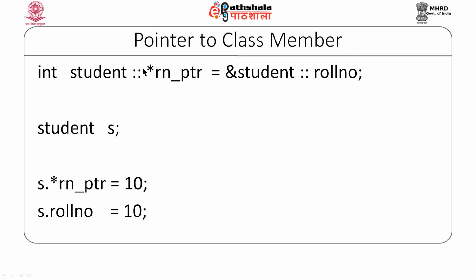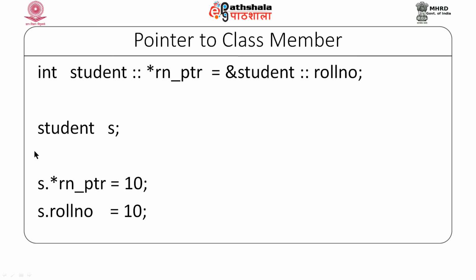Therefore, here we are making use of the scope resolution operator along with the class name to indicate that RNPTR can point to any integer data member of the student class, and here we are initializing it with the address of the roll number. If we have any other integer data member in the student class, we can initialize RNPTR with the address of that data member also.